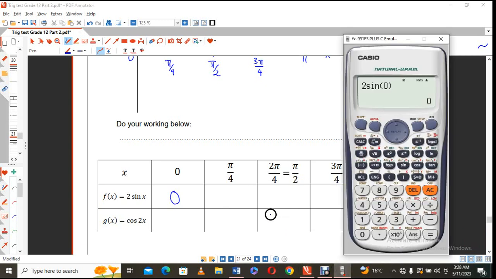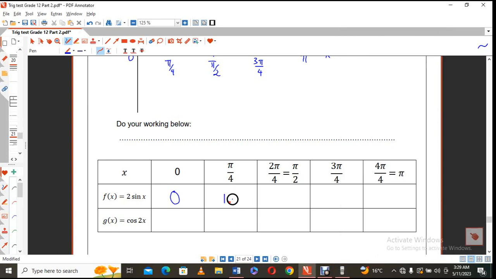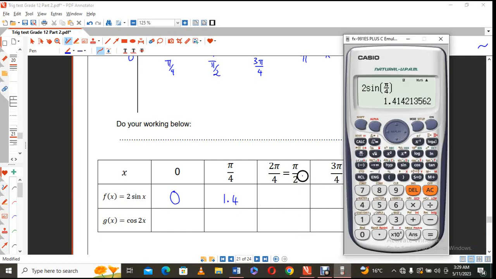If I go back in here and replace that 0 with pi over 4, or 1/4 pi, then I will get an answer which is square root of 2, which is about 1.4. So I'll write 1.4 more or less here. If I go back and put half pi radians in there, that is going to give me 2.